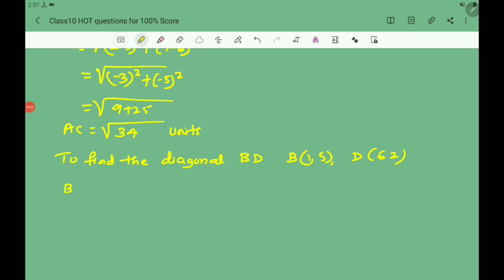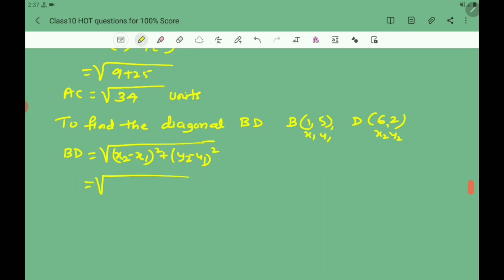Diagonal BD equals square root of, again it is (x2 minus x1) whole square plus (y2 minus y1) whole square, where this is x1, y1 and this is x2, y2.